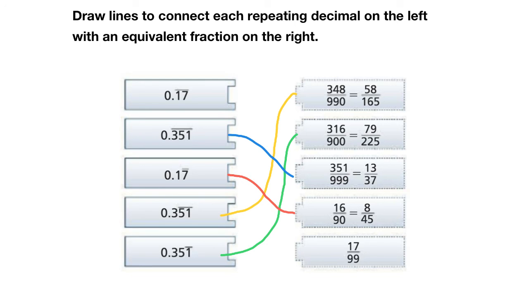And finally, 17 over 99 is equivalent to 0.17 repeated.